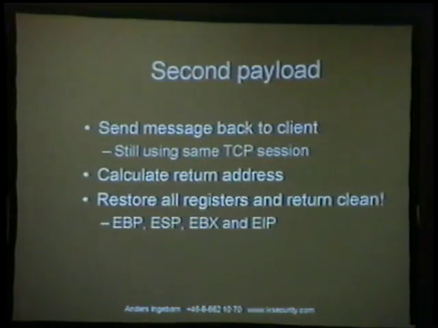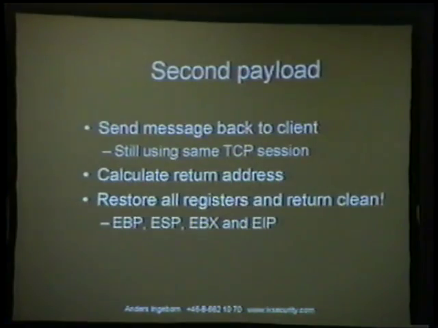The second payload I have provided in my example is sending a short message back to the client just to confirm that it is executing, and to confirm that it can still use the same socket descriptor and still use the jump table. Then the second payload calculates the correct return address back to the first function of 3, the one I call the parse and execute function.